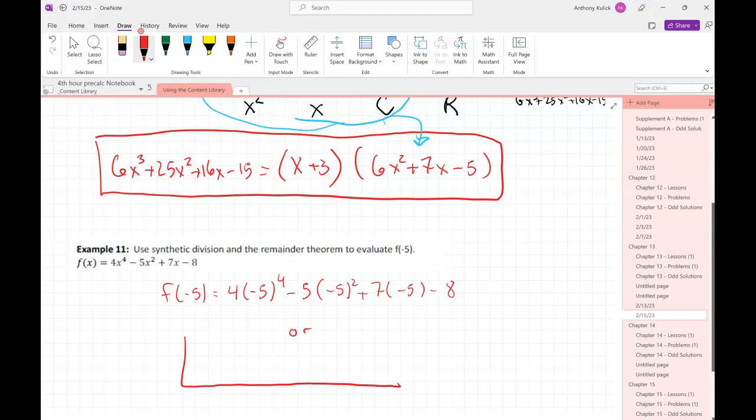What number is going to go on the outside here? Not 5, -5. Because remember, this is f of k. So -5 is the k. And then what are the numbers that go on the inside? 4. Then what?